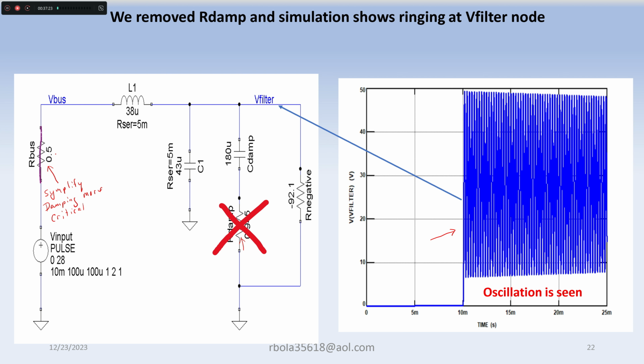If I had left that resistor, it would not oscillate as much as you can see here. Because I left it out, this is seen much more easily, and the oscillation is more pronounced.